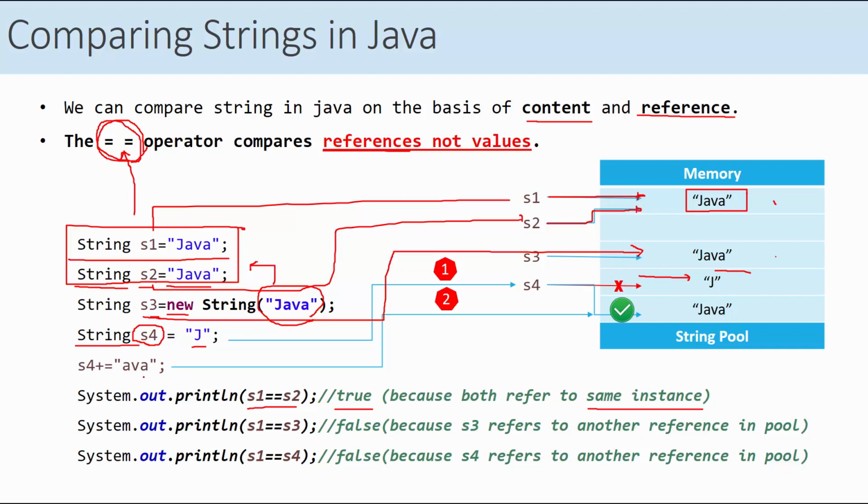So as you see in this line now, I am adding AVA to the letter J, which results in the word Java.